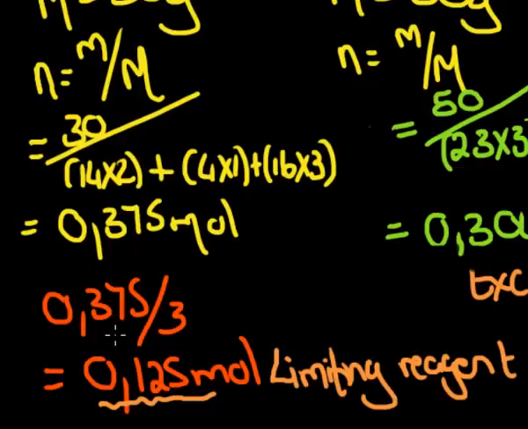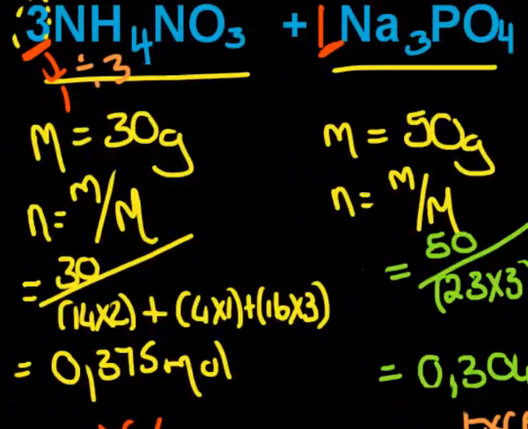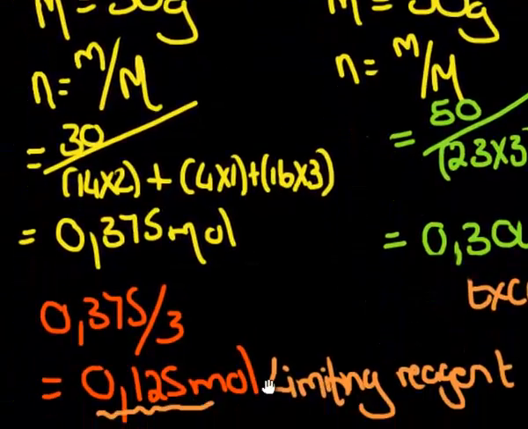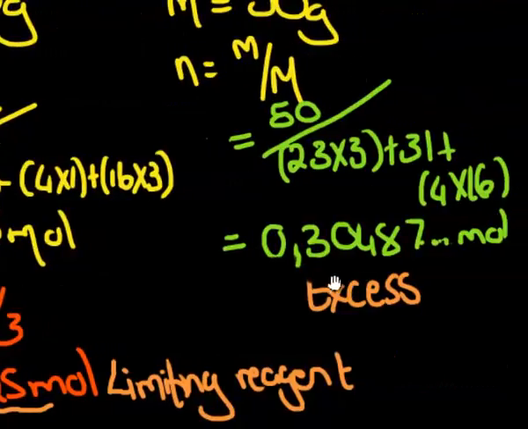From this, we end up with a value of 0.125 mole compared to, seeing that sodium phosphate is still on the 1 ratio, 0.3048. So my ammonium nitrate is the one with the smallest mole value and is thus the limiting reagent, whereas my sodium phosphate will be the reagent in excess.